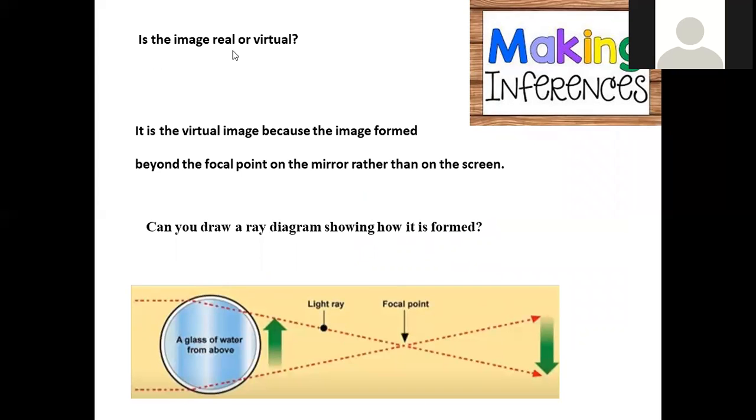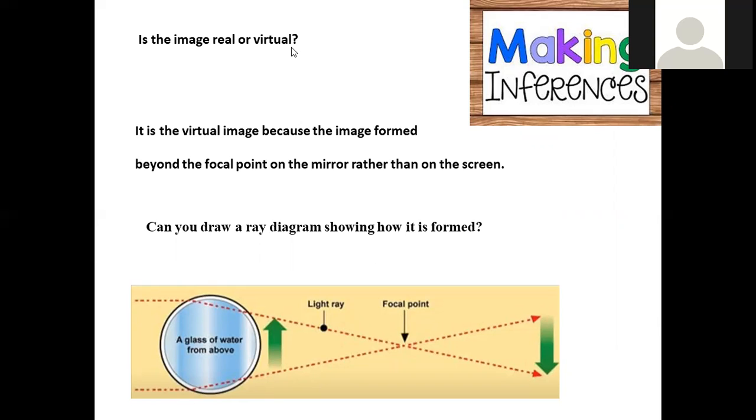Now, is the image real or virtual? What type of image are we getting? In order to get a real image or a virtual image, what conditions are actually required? A real image is generated when the image is formed on the screen, in the direction of the focal point and center of curvature.